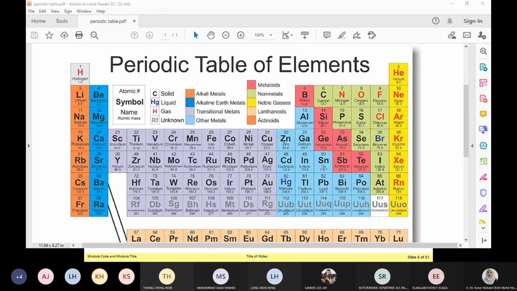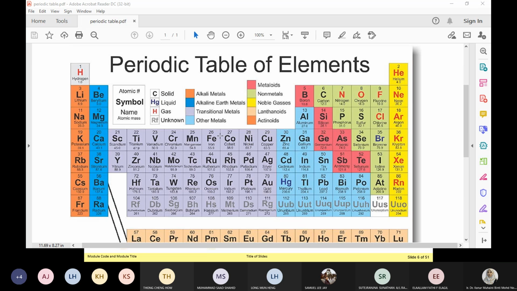Okay, neutron settle. For example, silver. Neutron, how much? Silver, which one? So fast, 60.9.